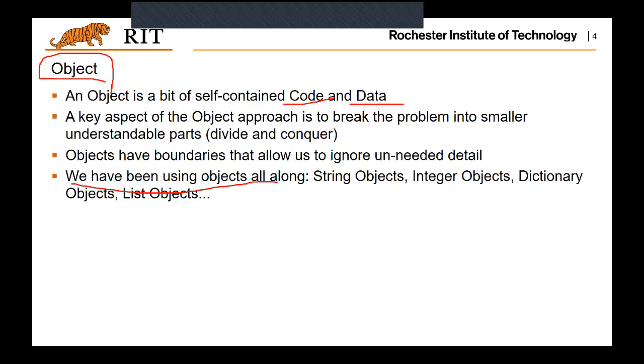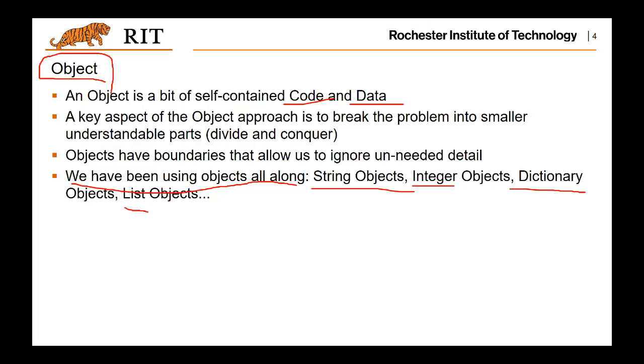If you look at our previous lectures, we are actually using objects all the way through. The string is actually an object, and even an integer is an object. The data structure dictionary is an object. Also the list, and also the tuples. These are all objects. So with these strings or tuples, you should be able to understand.